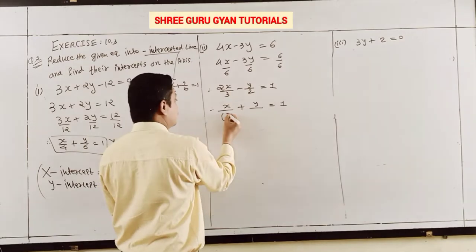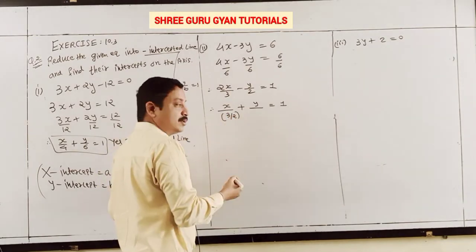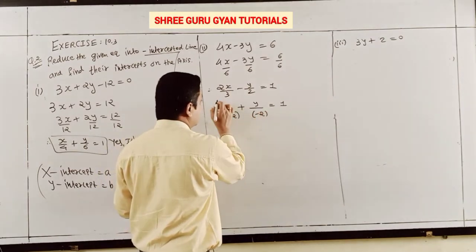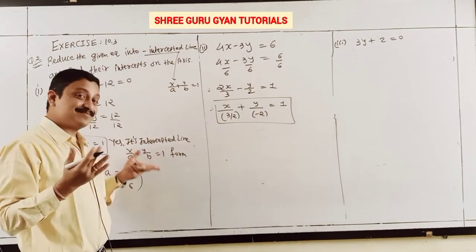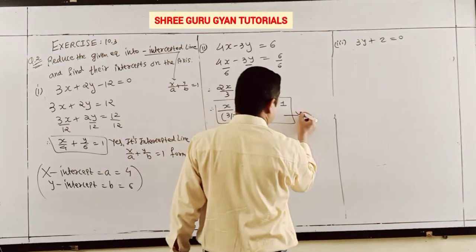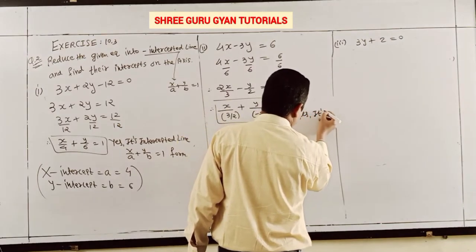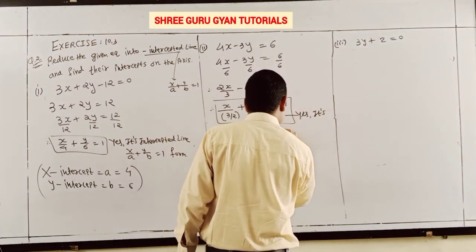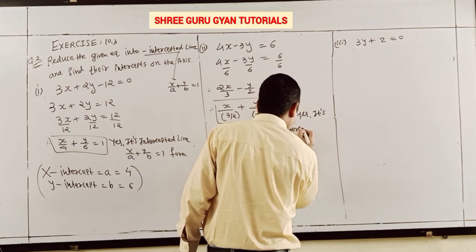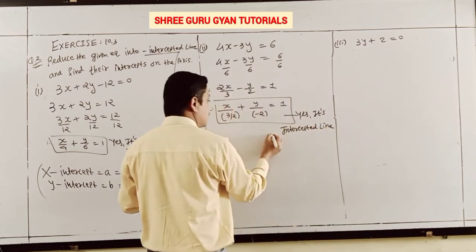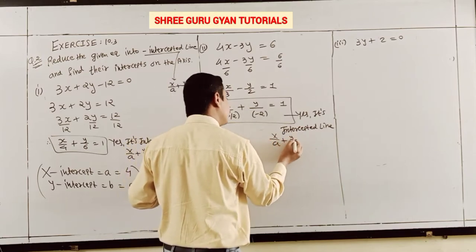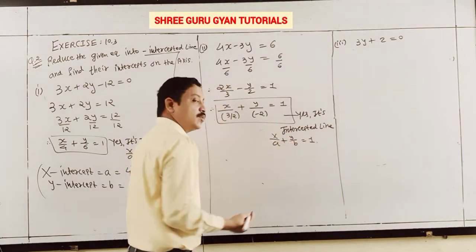Here we can say 3 by 2, here minus 2, and that's the form done. It is the intercept form, x by a plus y by b is equal to 1.